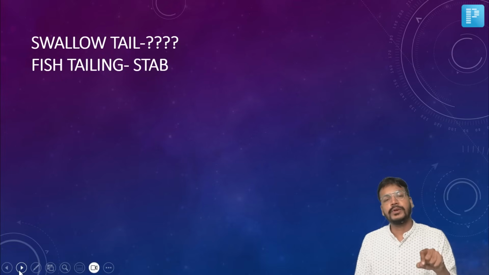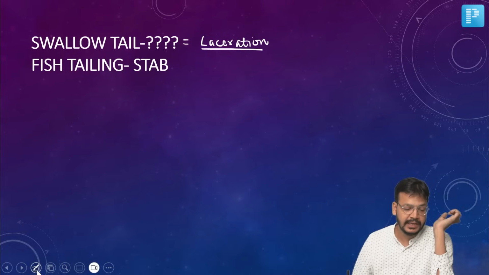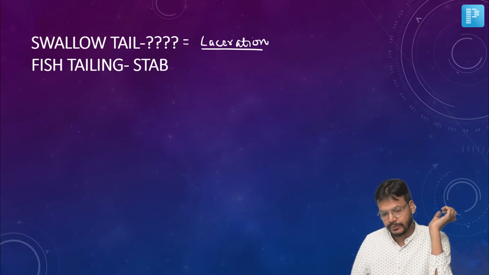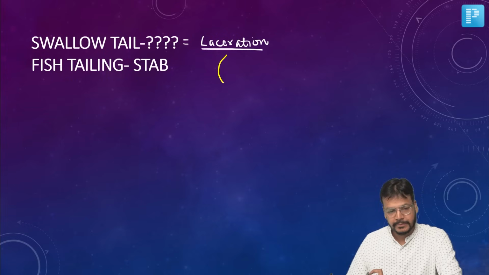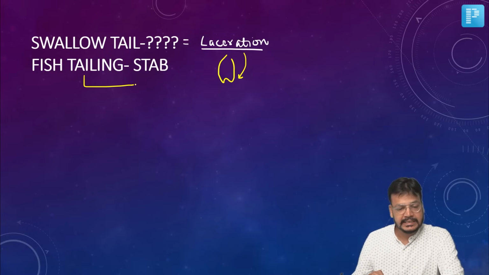Now, sir, two questions: swallowtail and fishtailing in stab. Swallowtail is seen in which injury? The answer is laceration. If you see this one, this is swallowtail. Fishtail is seen in stab.